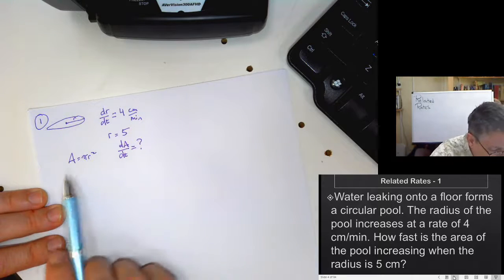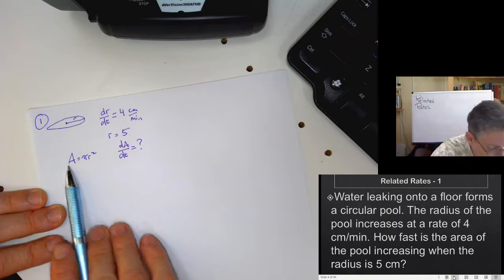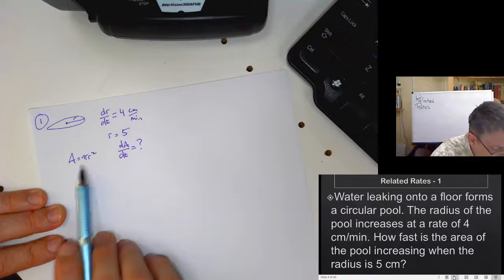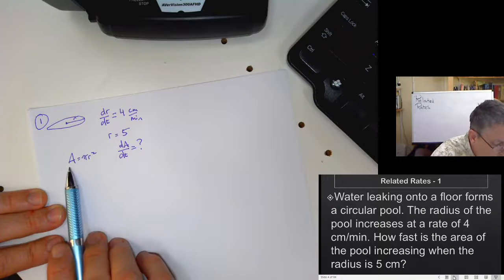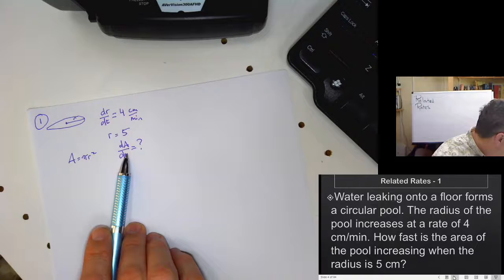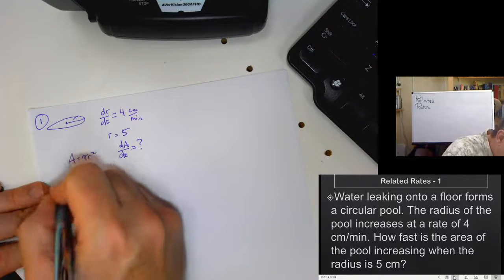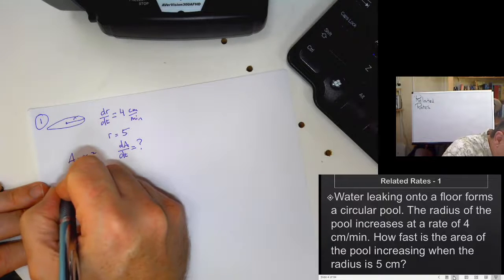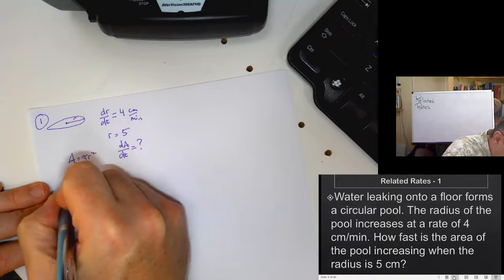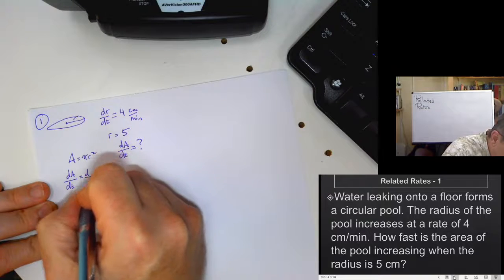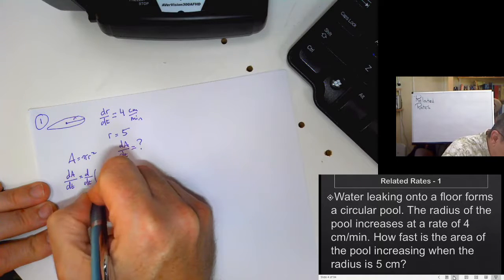Okay, so without any work at all, we already have the area equals pi r squared, right? We have r, and we know dr/dt. Pi is a constant, and what we're looking for is dA/dt. So all we actually need to do is differentiate this with respect to time. So dA/dt equals d/dt of this whole bit, right?